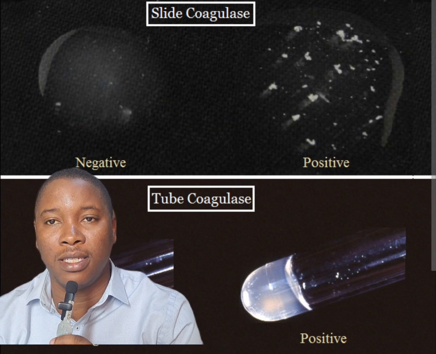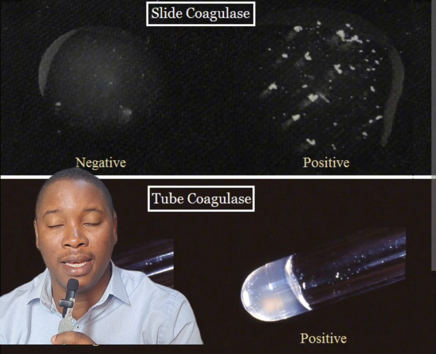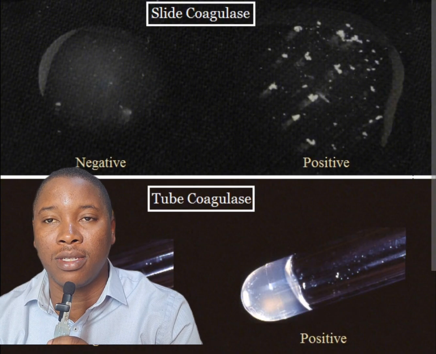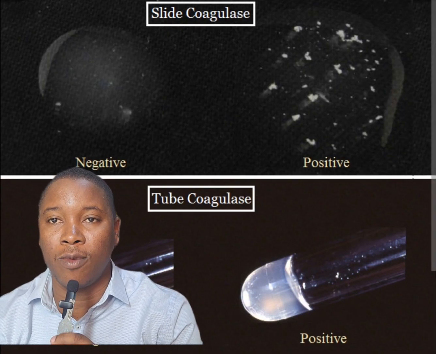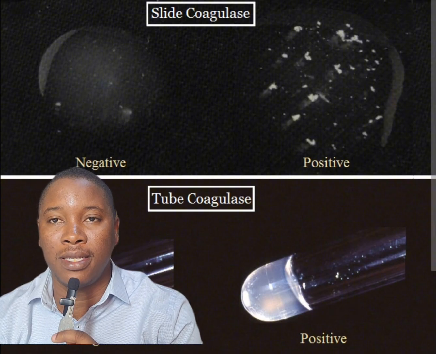And like we inferred in some of our earlier videos, coagulase is an enzyme. So the presence of that enzyme means that that organism is coagulase positive. And if that enzyme is not present, then we say that the organism is coagulase negative.